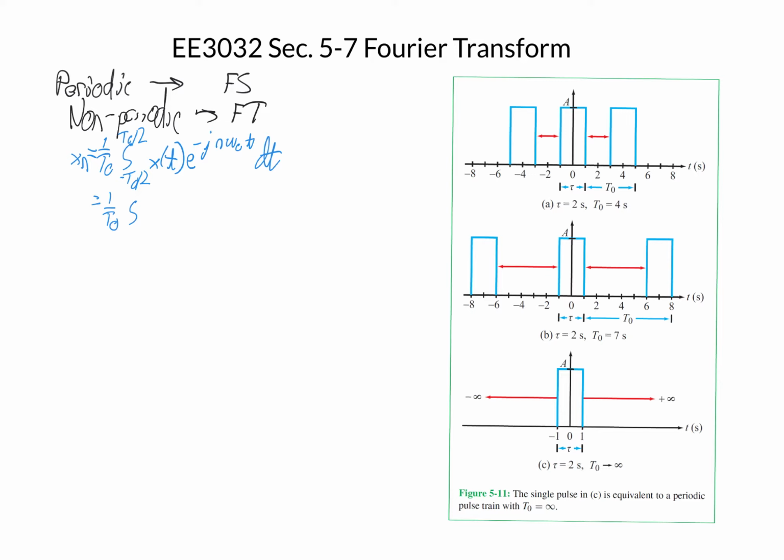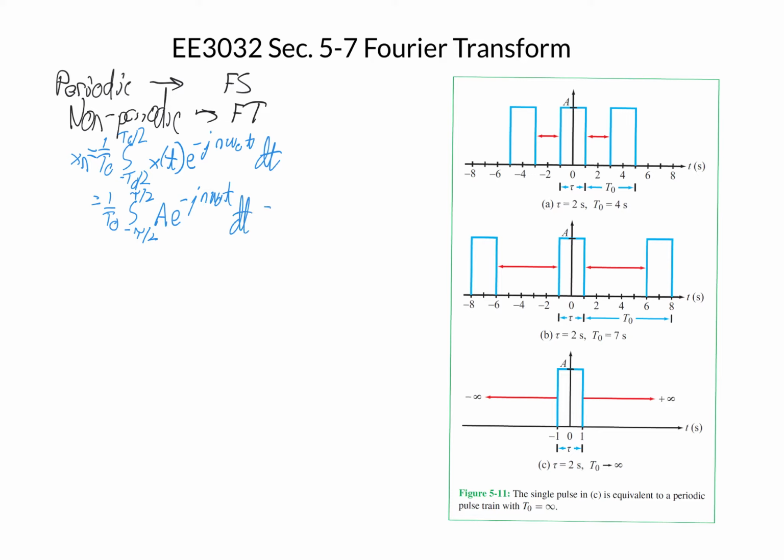It's only on between minus tau over 2 and tau over 2. So everywhere else, x of t is going to be 0, and we don't need to evaluate the integral. In that range, minus tau over 2 to tau over 2, the value is just A, and we multiply that times the rest of the expression here, e to the minus j n omega naught t.